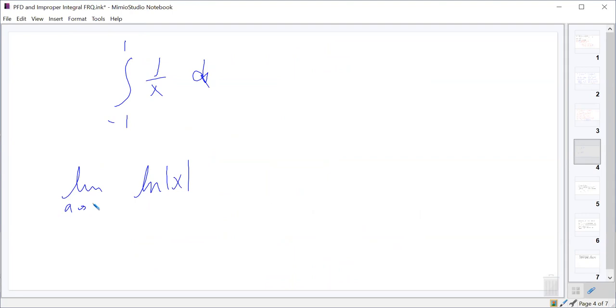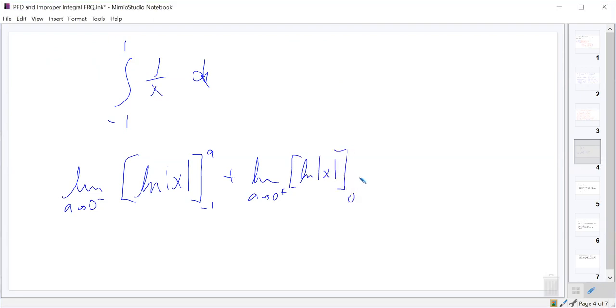This is going to be the limit as a approaches 0 from the left of natural log of x from -1 to a, plus the limit as a approaches 0 from the right of the natural log of absolute value of x from a to 1.